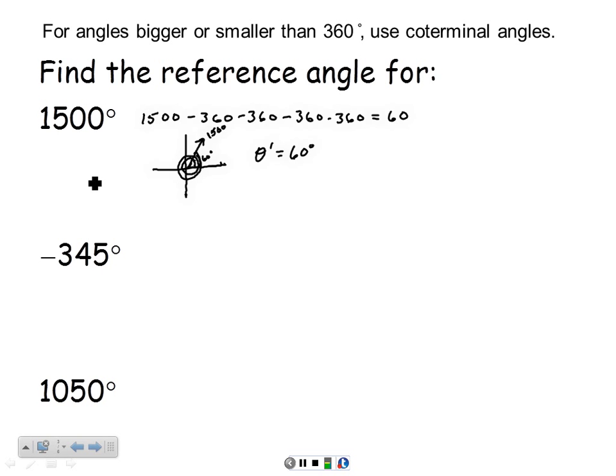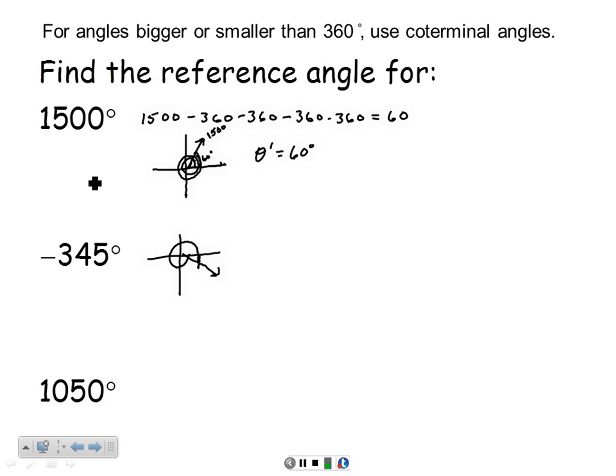Alright, so what if we're at negative 345 degrees? Negative 345 is going to take us around and a little bit more than 360. So let's do 345 minus 360, and that's going to give us 15 degrees.